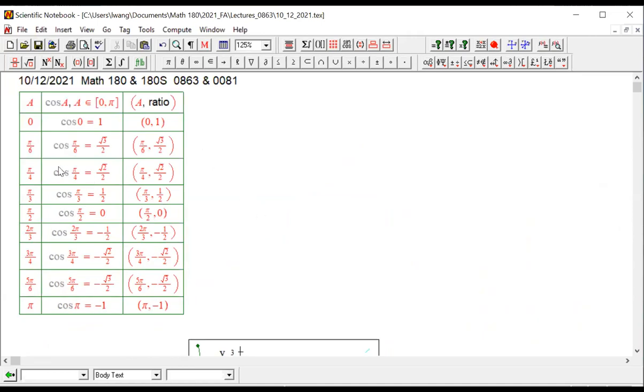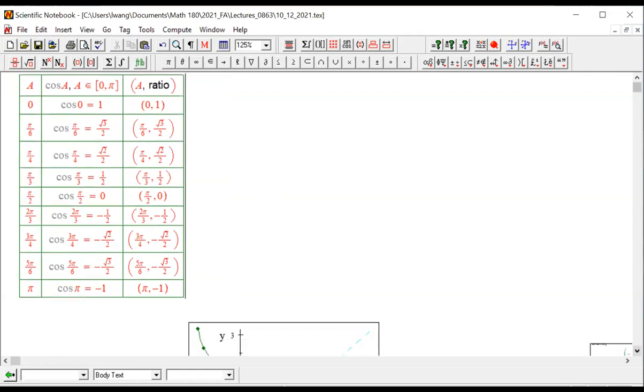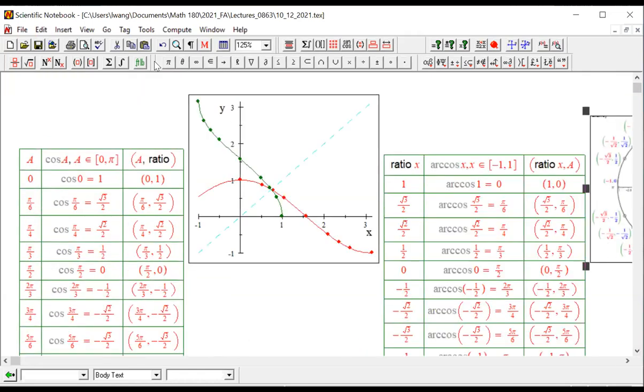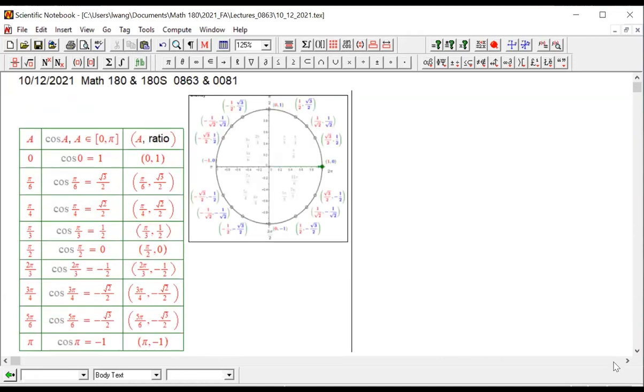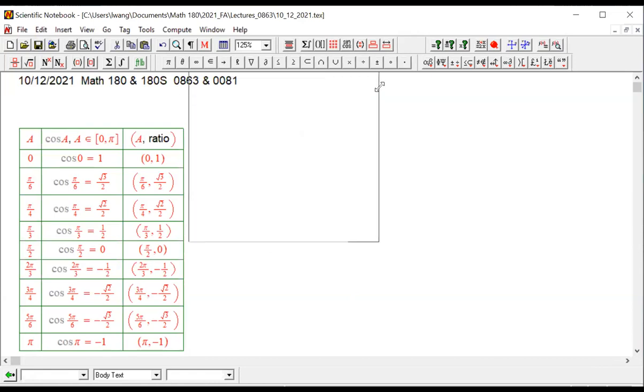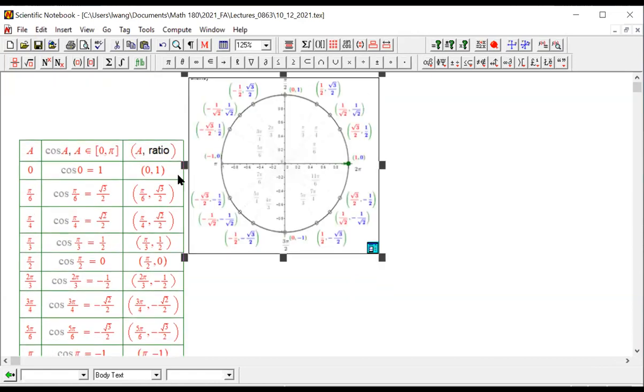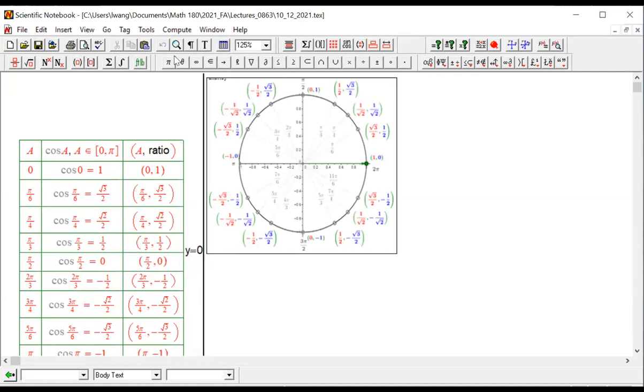So with this picture, what is this picture for? This picture is for cosine between 0 to pi. So now I'm drawing cosine.